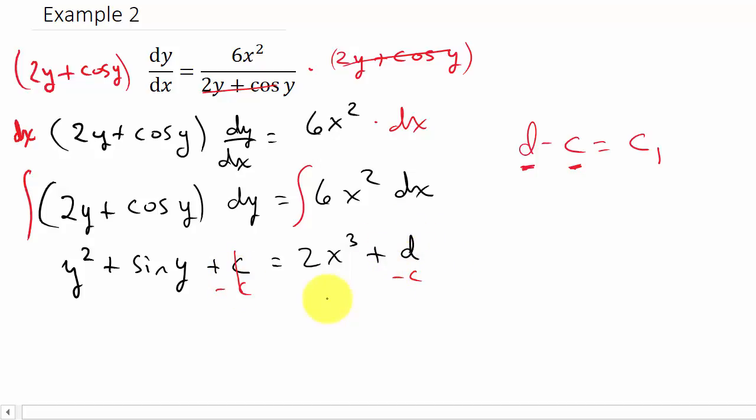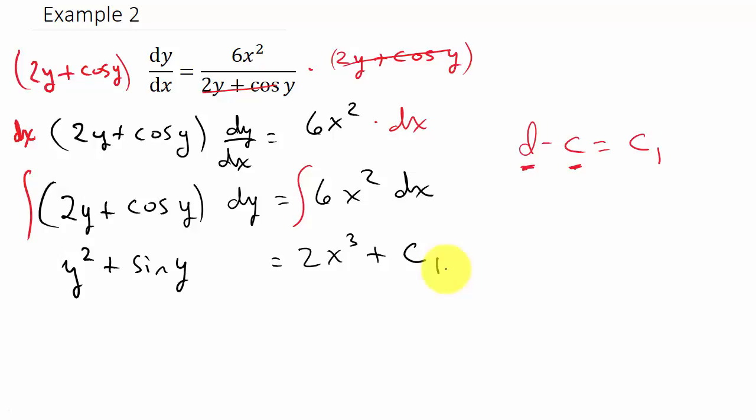I just need to add it to one side. So I'm going to add it to the right hand side, so I get 2x cubed plus c1. If you remember in the first video, sometimes we may need to rewrite the constant term. So we'll call it c1.